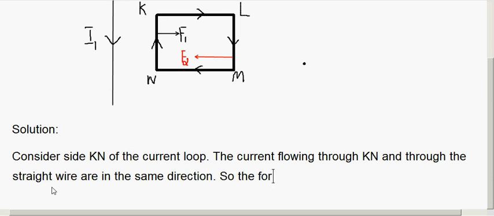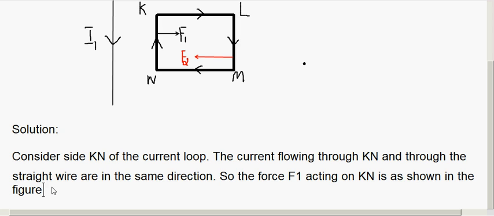So the force F1 acting on KN is as shown in the figure. Because the currents are, sorry, not in the same direction. I'm very sorry, here it should be the opposite direction, not the same direction. So remember this, it is in the opposite direction.